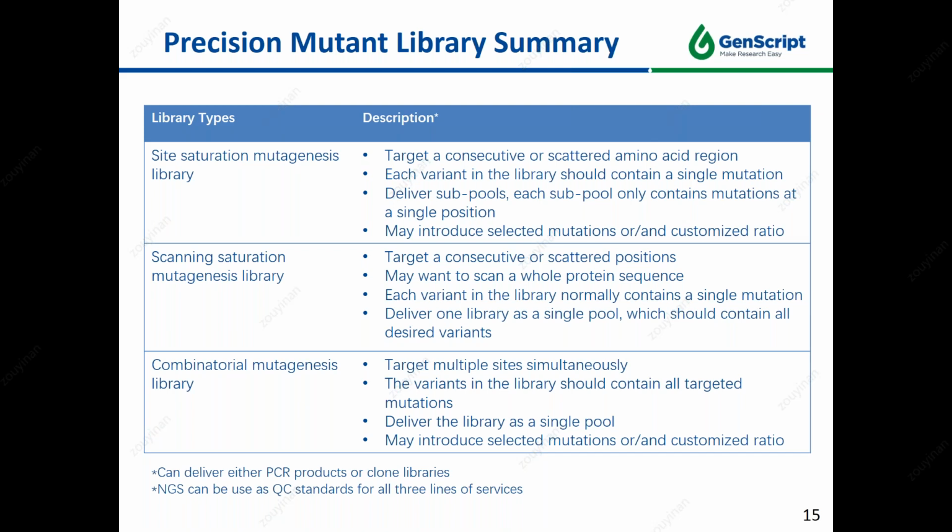Lastly, if the customer has the need for customized amino acid selections or other special requests, we could always introduce them in this type of library. But evaluation is needed for additional requests.